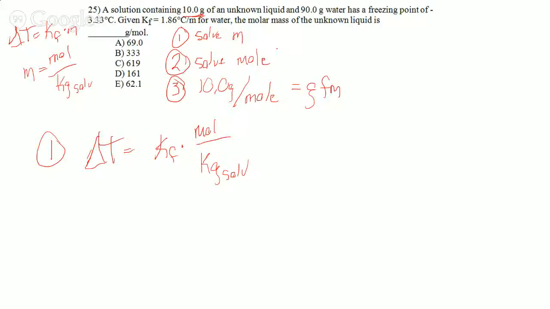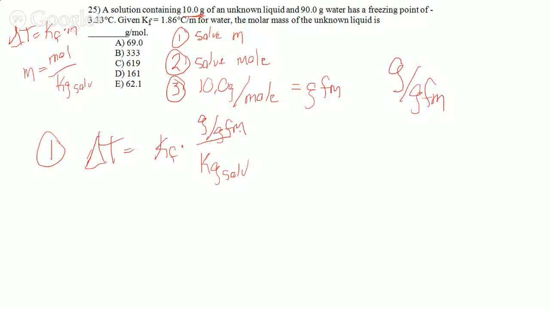How are we going to solve for moles? It's a good question. I forgot. No, but moles is really the same thing as grams over the GFM, right? So let me just plug that in up here.